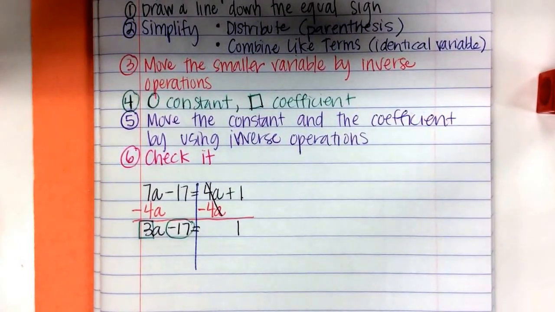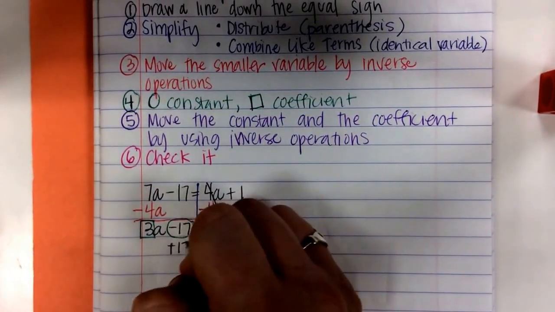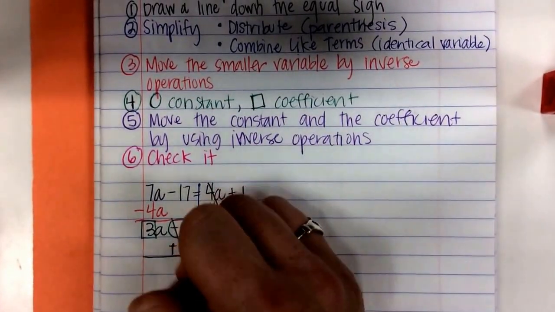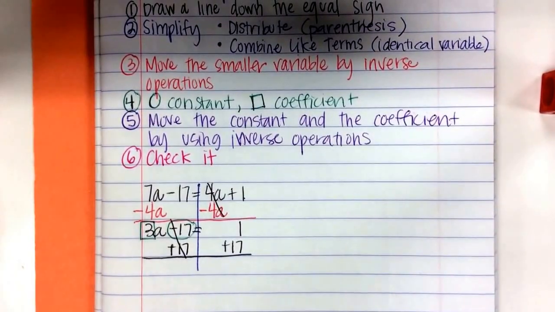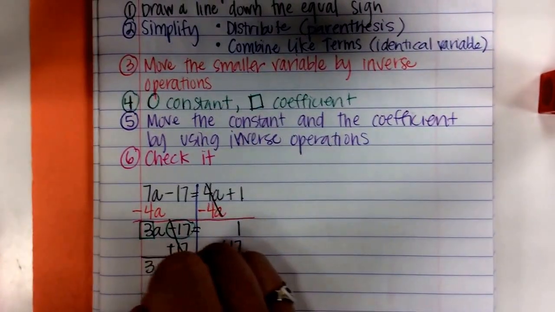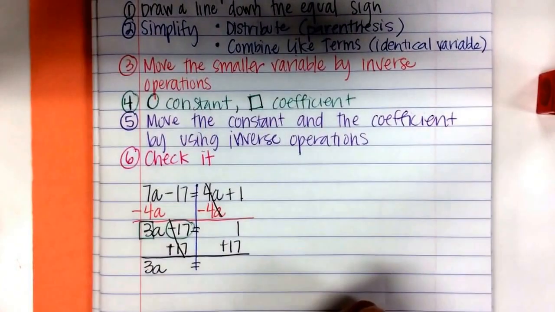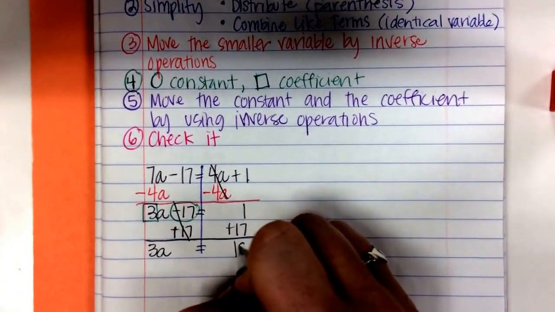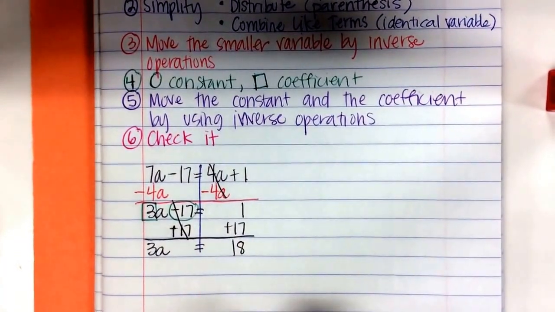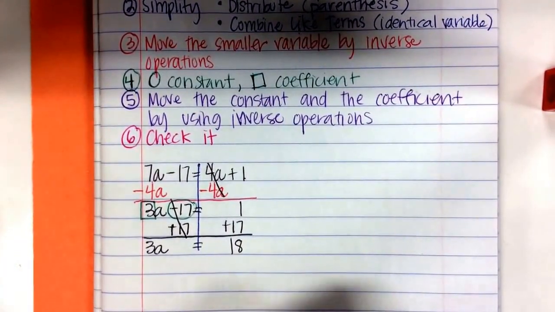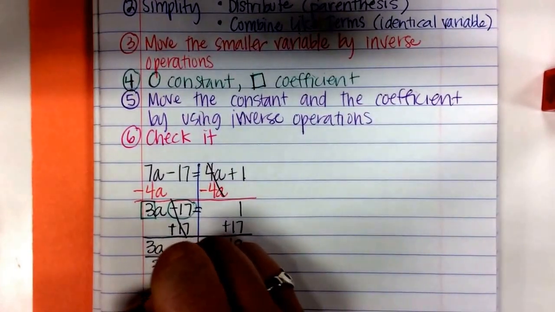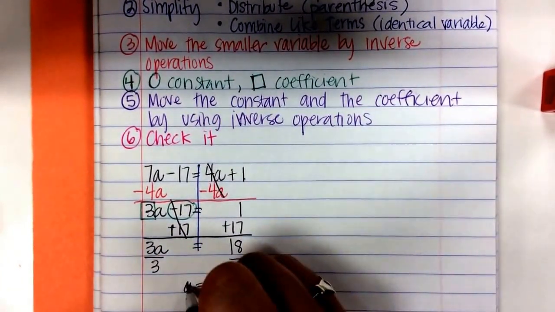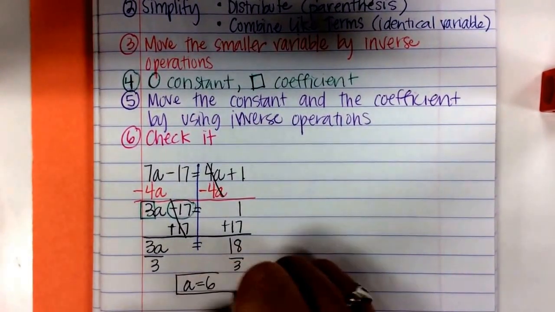Add 17. 3a equals 18. What's my last step? Divide by 3. A equals 6.